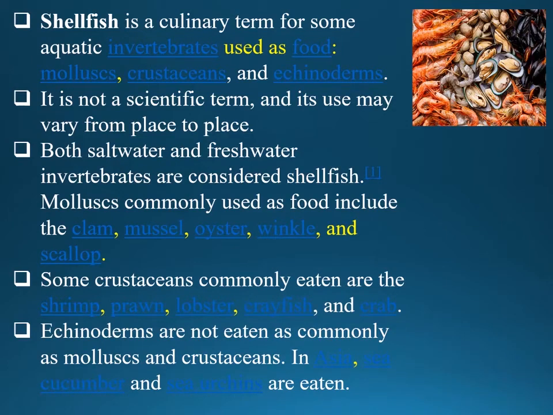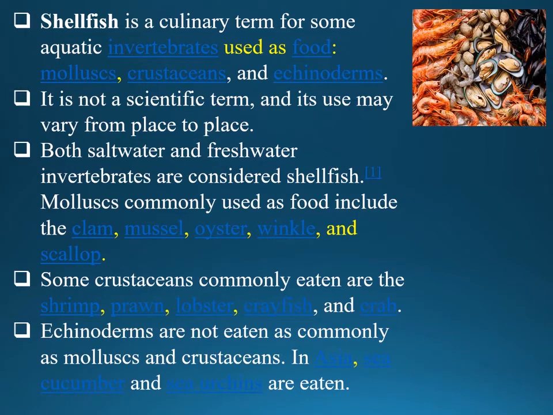In Asia, sea cucumber and sea urchin, U-R-C-H-I-N, are eaten.